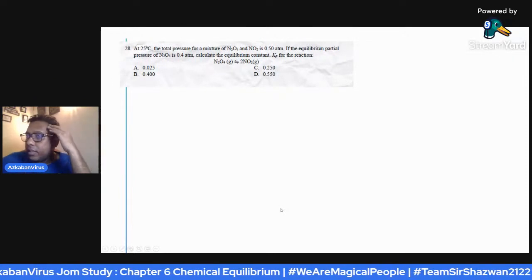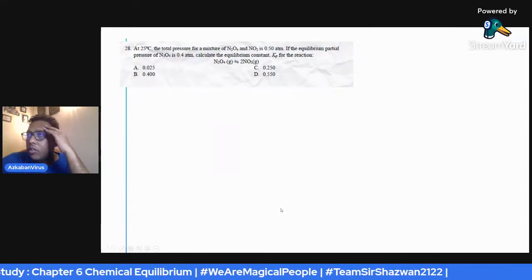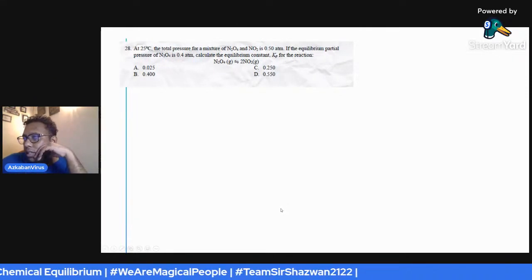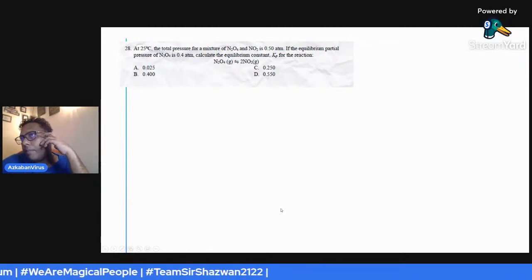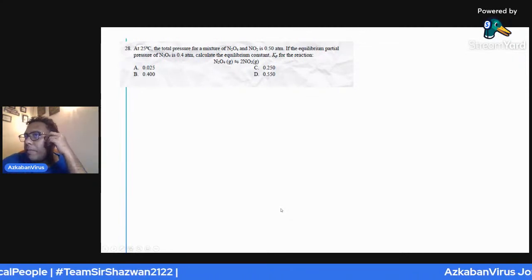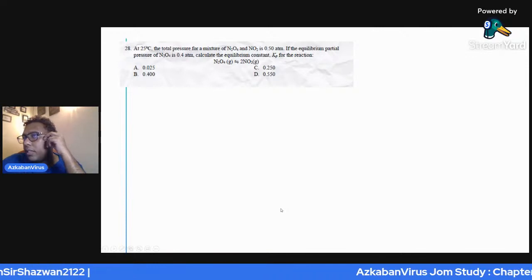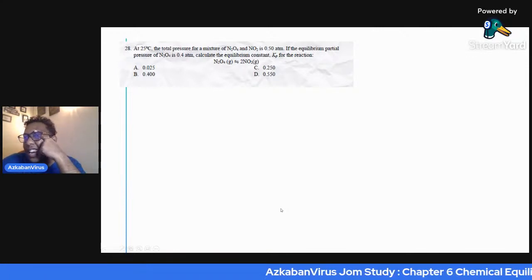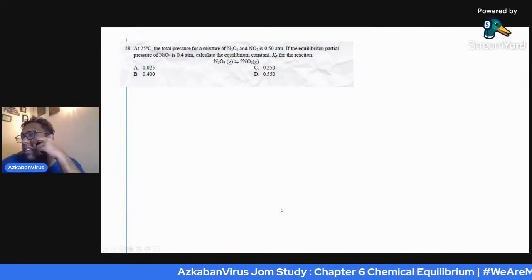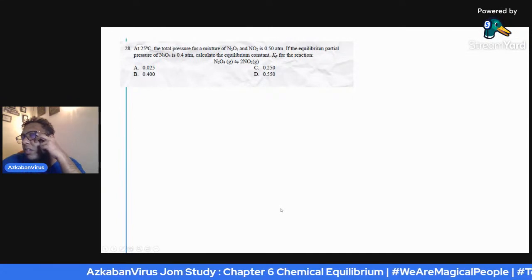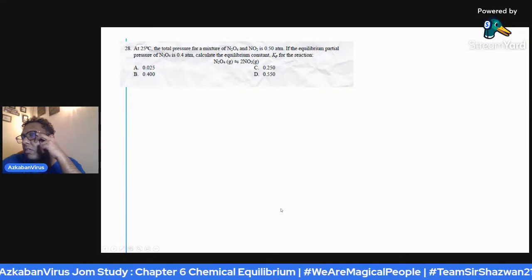At 25 degrees Celsius, the total pressure of a mixture of N2O4 is 0.5 atm. If the equilibrium partial pressure of N2O4 is 0.4 atm, calculate the equilibrium constant Kp for the reaction.